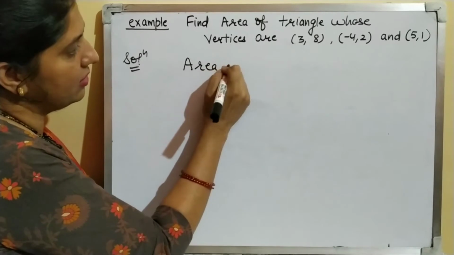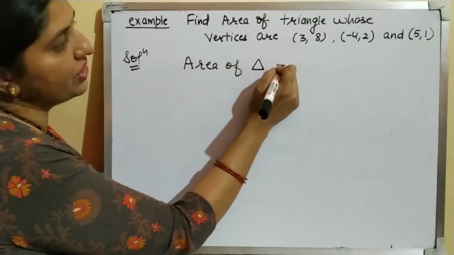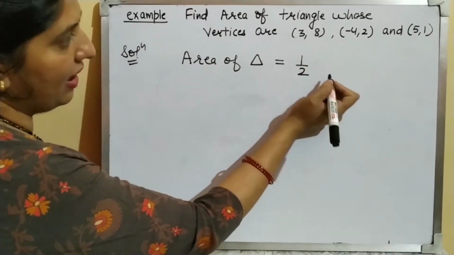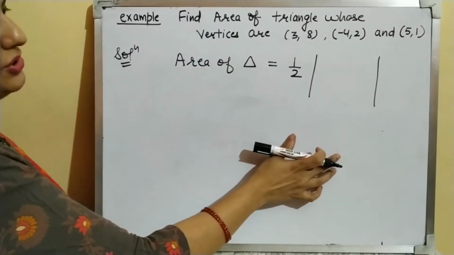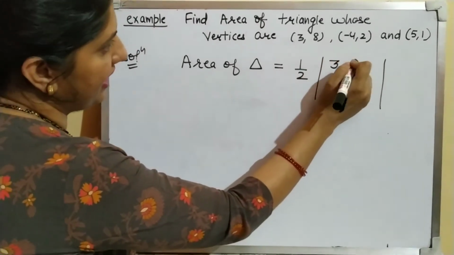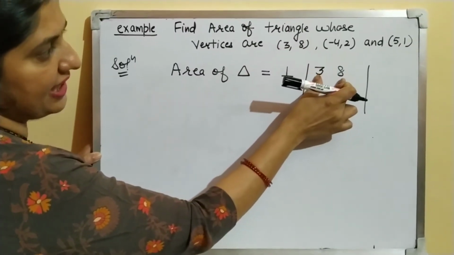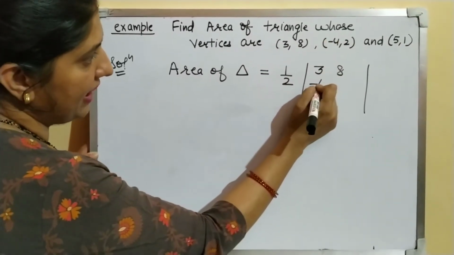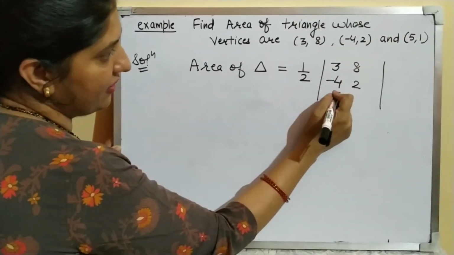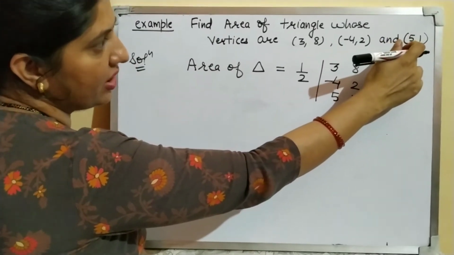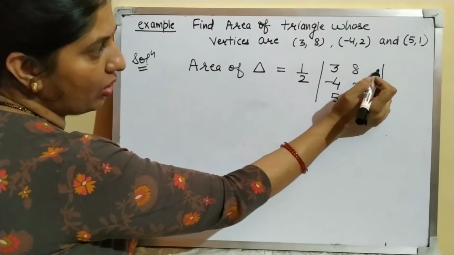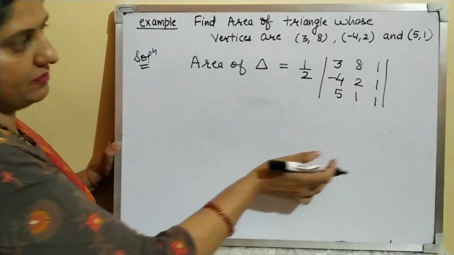Area of the triangle with the given vertices is equal to half into the determinant with entries 3, 8, which is the first vertex of the triangle, -4, 2, which is the second vertex, and 5, 1, which is the third vertex of the triangle. Now all entries in the third column are 1, 1, 1.